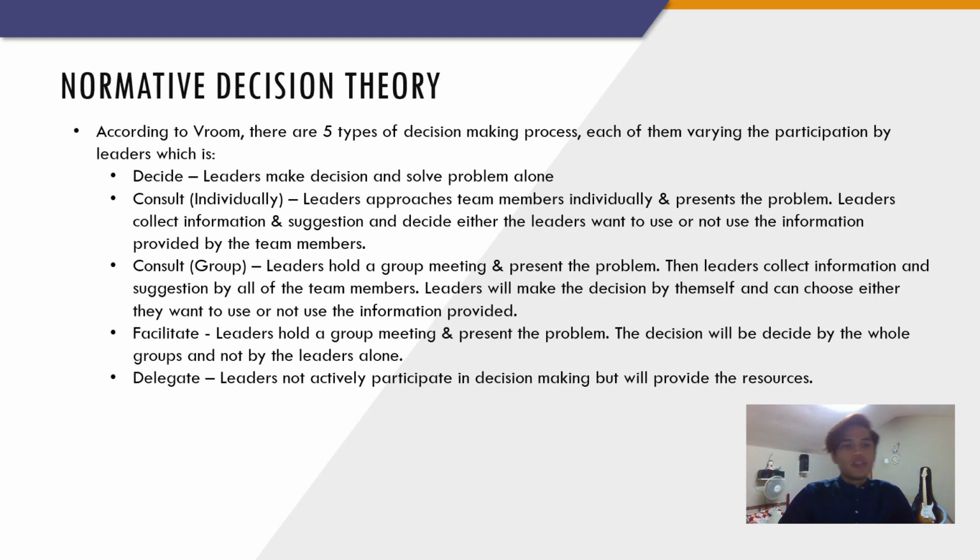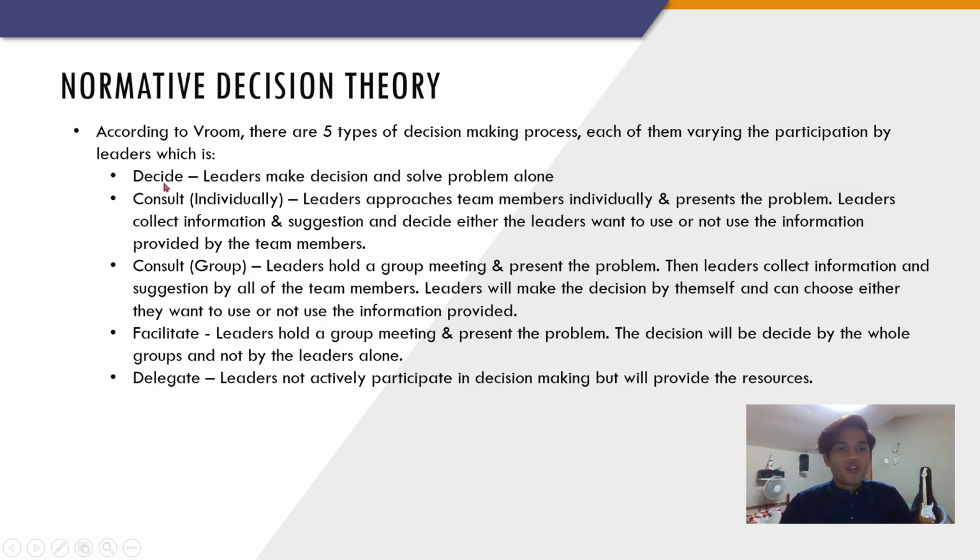The last one is the normative decision theory. According to Vroom, there are five types of decision making process, each varying the participation by leaders: decide, consult individually, consult group, facilitate, and delegate.